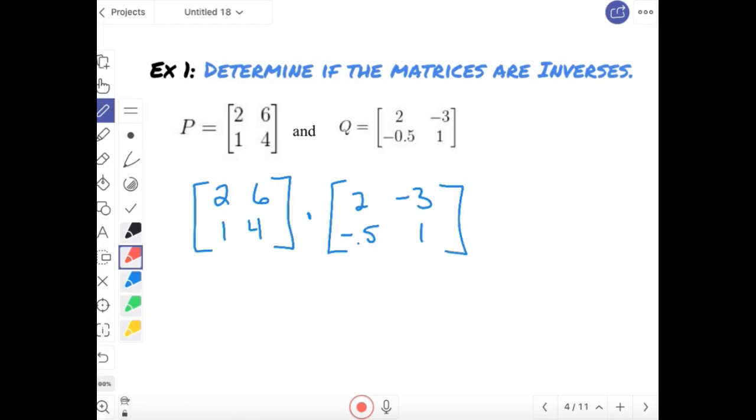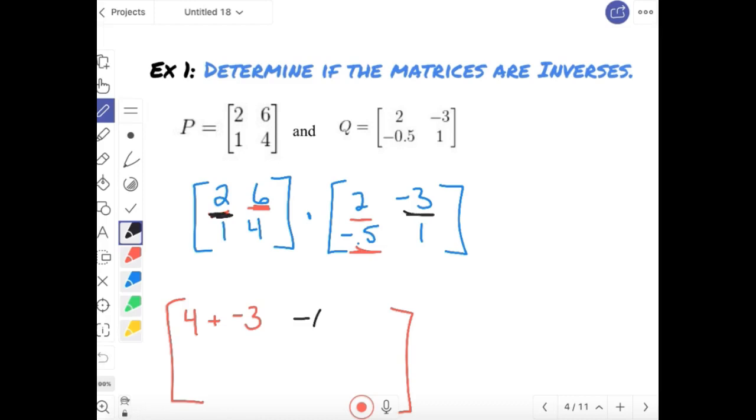So we start with 2. 2 times 2 is 4, plus 6 times negative 0.5 is negative 3. And now that's the top left element. Then again, we do 2 times, now it's going to be negative 3 is negative 6.